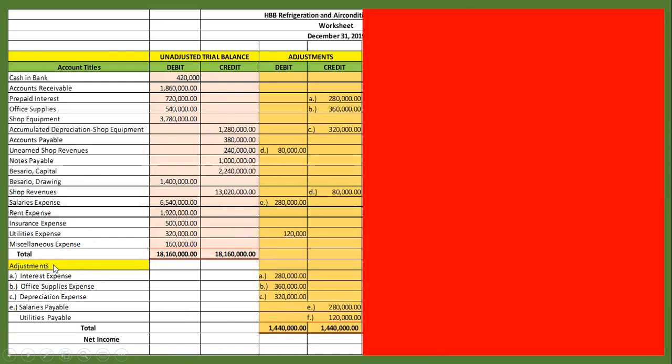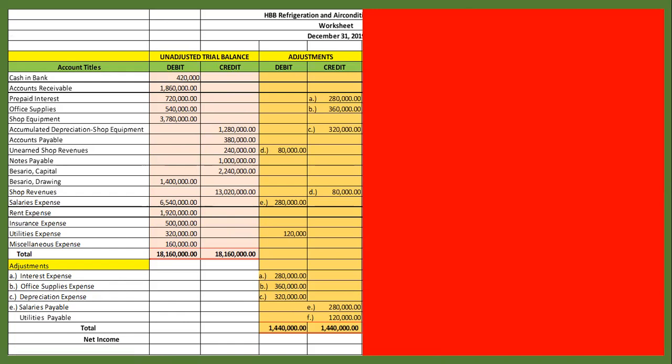So after the total, you may place the word adjustments to identify that the items you place here are adjusting entries or adjustment figures. So first, you have your interest expense. It's a debit, so extend the amount to the debit column of your adjustment.